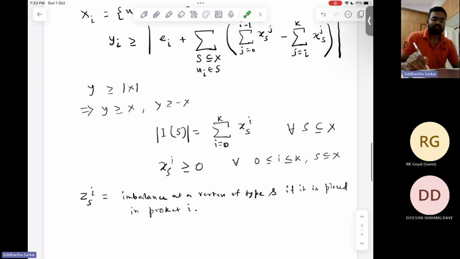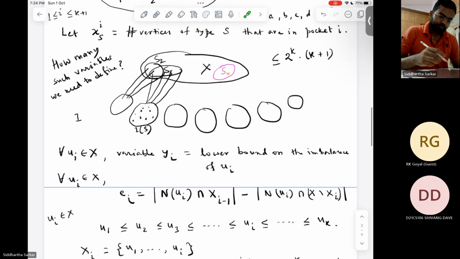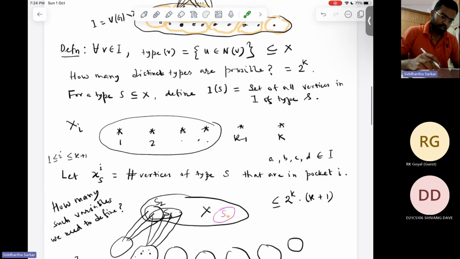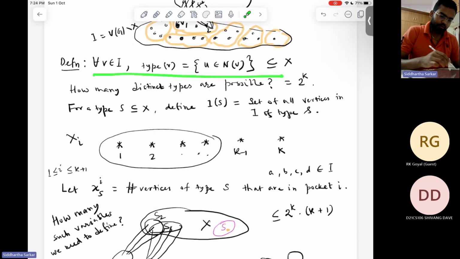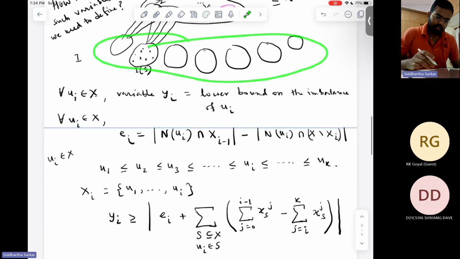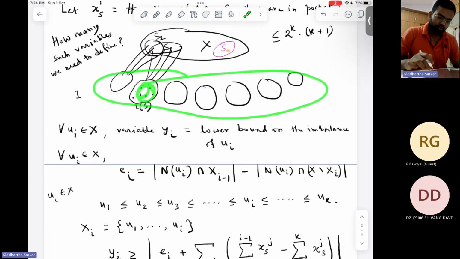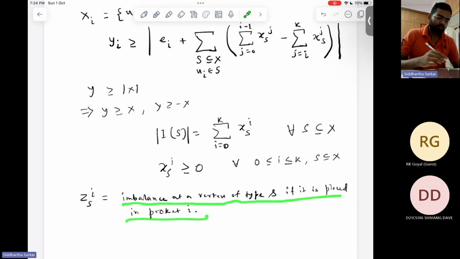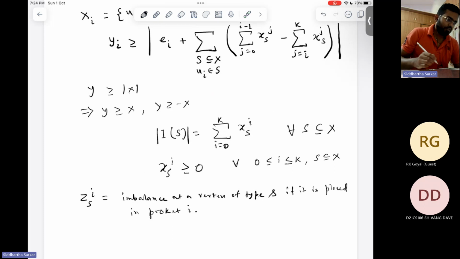Remember the definition. We have defined a type for every vertex in the independent set. So for every vertex that is of type S, in this box, we will define ZIS to be the imbalance at a vertex of type S if it is placed in pocket I. So there are k pockets.